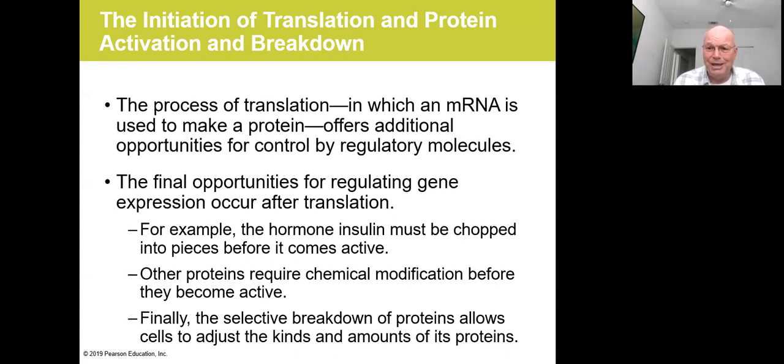it needs to actually be cut into two pieces that are held together by cross-links that are known as disulfide bridges. So you have two pieces of polypeptide that are linked together by these cross-links, and that represents the active insulin hormone that is exported from the pancreas into the bloodstream to regulate blood sugar.